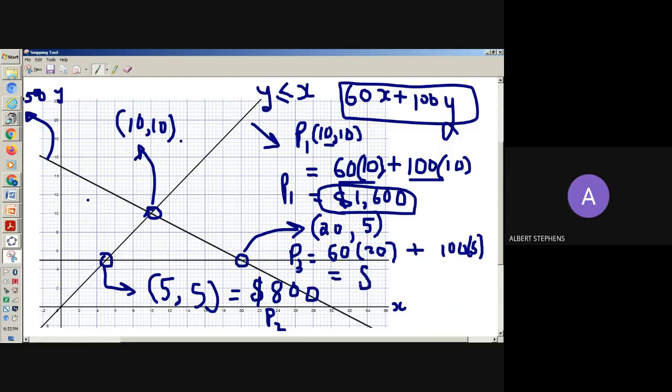And that's the maximum profit. So in order for the shopkeeper to make the most money, he needs to buy 20 guitars and 5 violins. In other words, violins hardly sell, not true? Yeah, most people buy guitars because it's more popular than violin. All right, class, any questions?